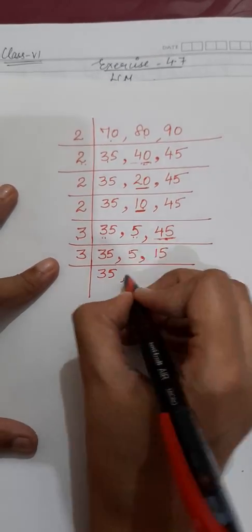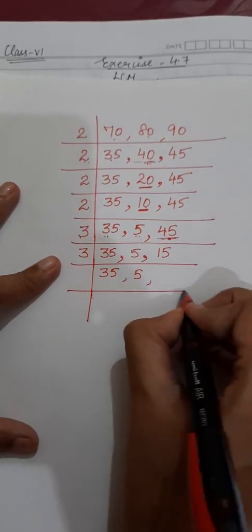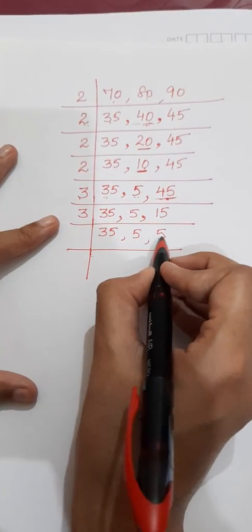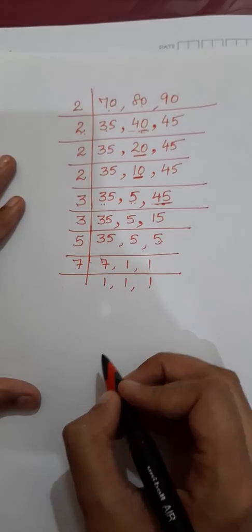Now again the same thing: 15 is divisible by 3, and 35, 5 and 5 remain. 3 5s are 15. Now 5 is there, and 35 is also divisible by 5. So 5 7s are 35, 5 1s are 5, 5 1s are 5. Then 7 is there, 7 1s are 7, and 1.